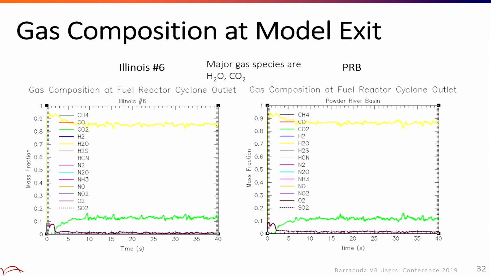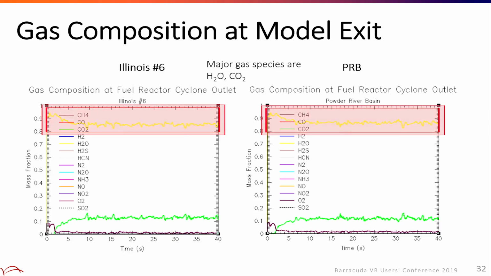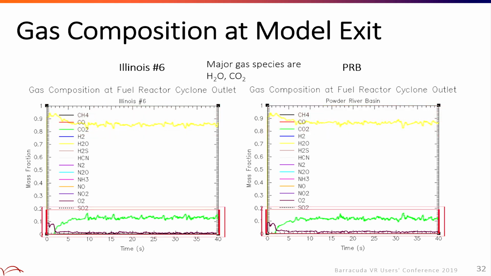And here is some gas composition at the model exit. In the fuel reactor, you expect to have a lot of H2O, of course, followed by CO2. That's one of the reasons you want to increase the percentage of CO2 in the system, so that you can remove H2O. H2O is similar here, CO2 is similar, but the PRB coal ended up with a little bit higher oxygen.